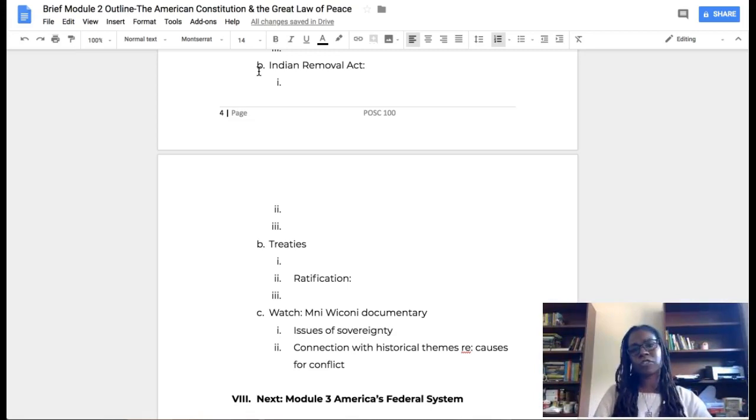They were not allowed to take their belongings. They weren't allowed to get themselves ready or take clothing that would be suitable for the trip. Those who were older or young or sick died along the way, and there was nothing that the tribes could do about it. So that's why it's called the Trail of Tears. Lots of sorrow and lots of pain embedded in this act of removing the Indians from their homelands.